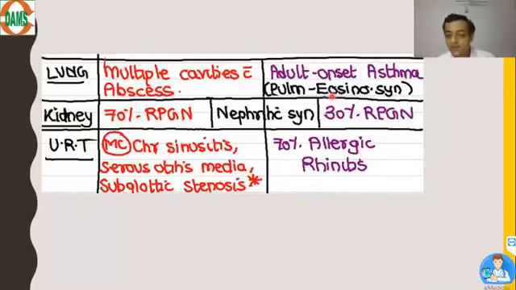Pulmonary eosinophilia syndrome is a group of diseases that come with lung involvement and eosinophilia in the blood. One of them is Churg-Strauss syndrome.